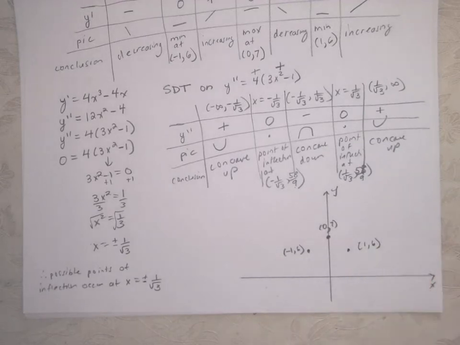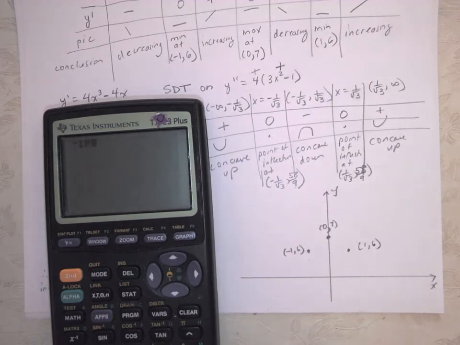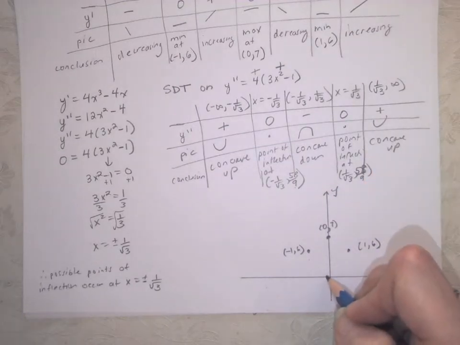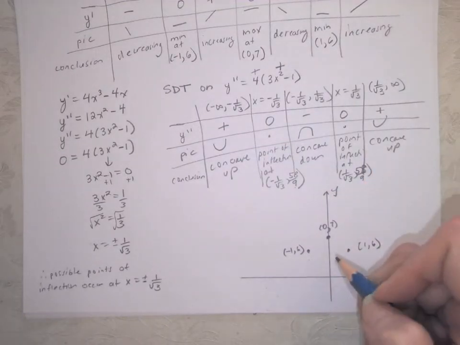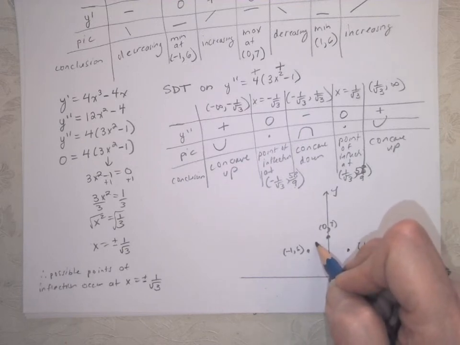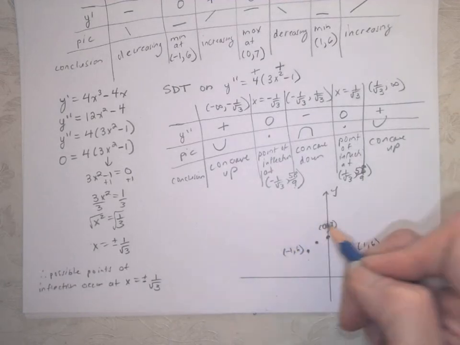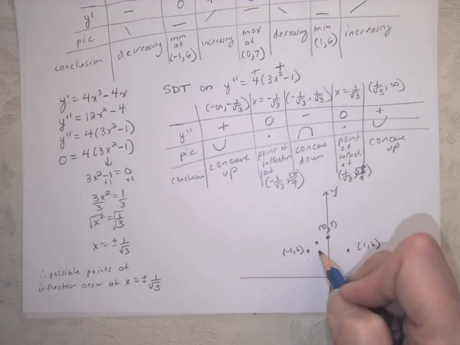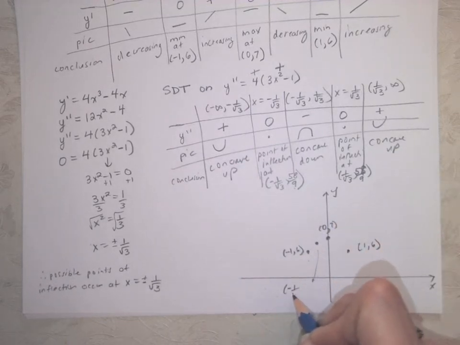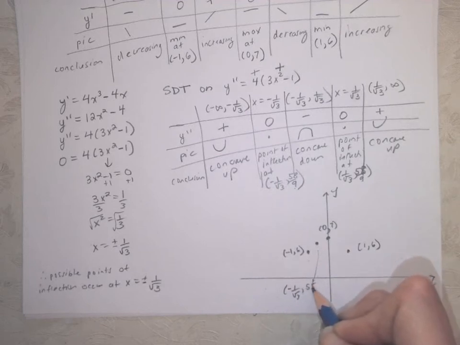1 and 6. And then -1 over root 3 is about -0.6, and we know about 6.44 is going to be about here. So we'll label that point down here, -1 over root 3 and 58 over 9.